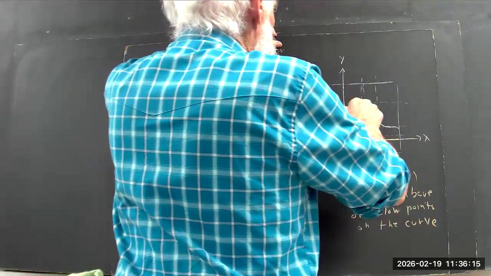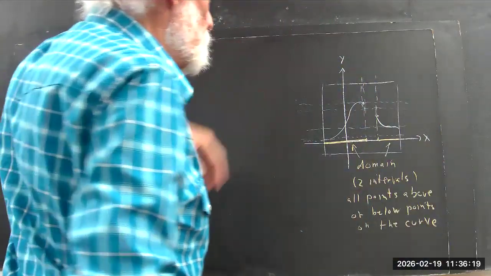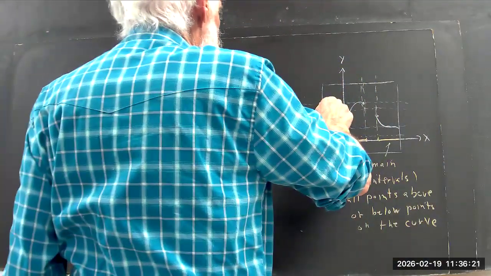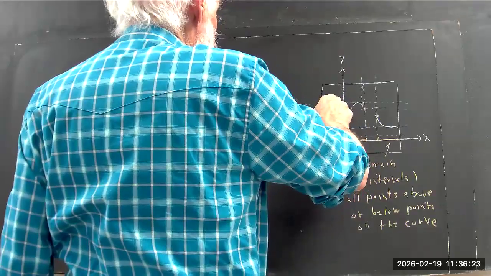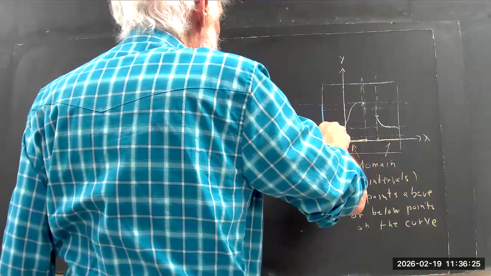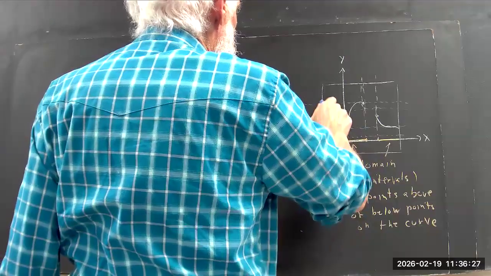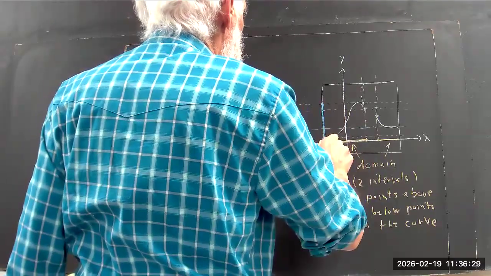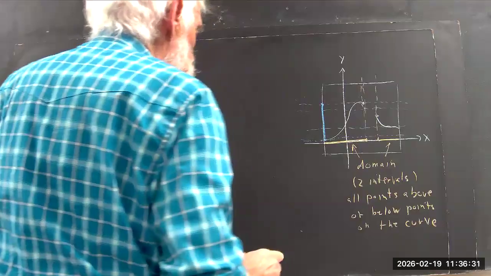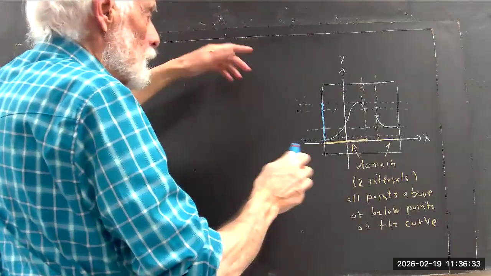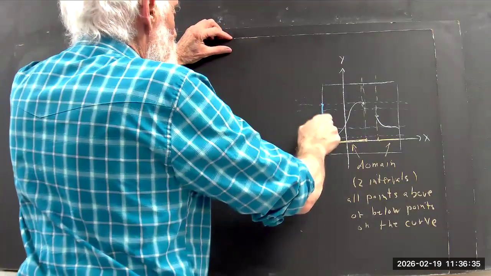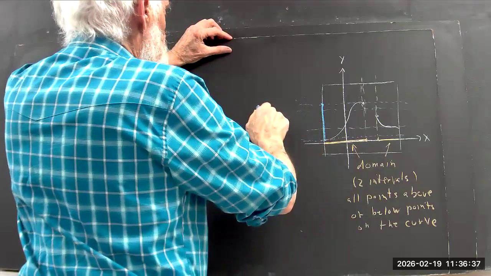Some lines will only hit the graph once. But all horizontal lines between here and here hit the graph. So this interval represents the range.